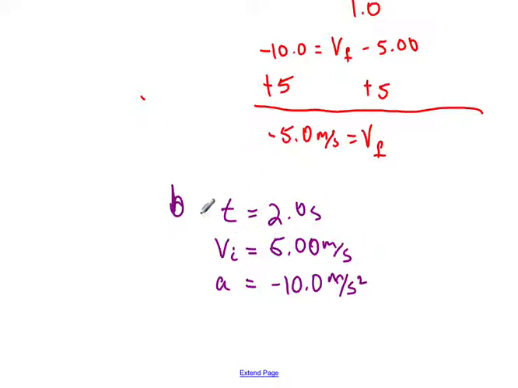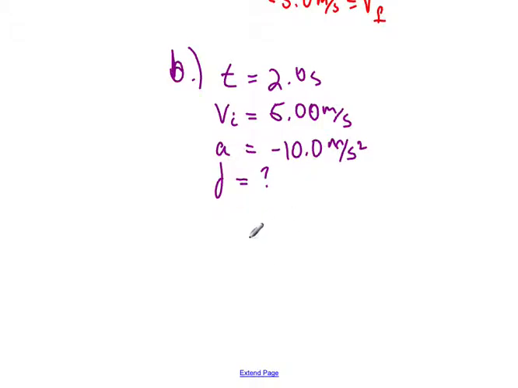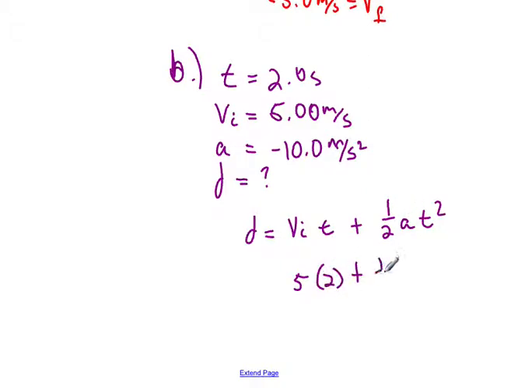And we're looking for how far, so the distance. Well, we can use D equals VIT plus 1/2 AT squared. Let's plug in the numbers. We have 5 here, 2 here, plus 1/2.